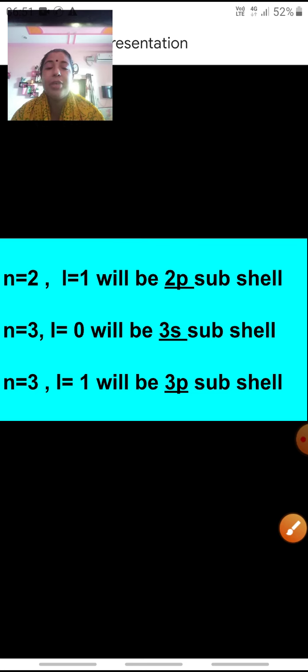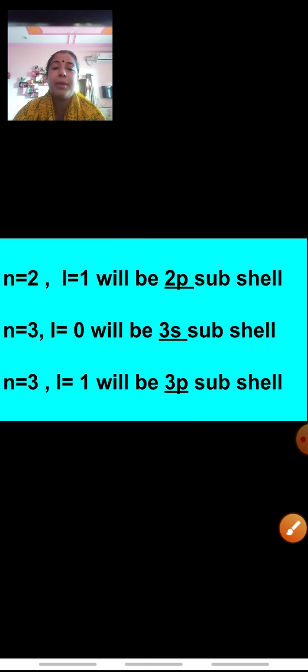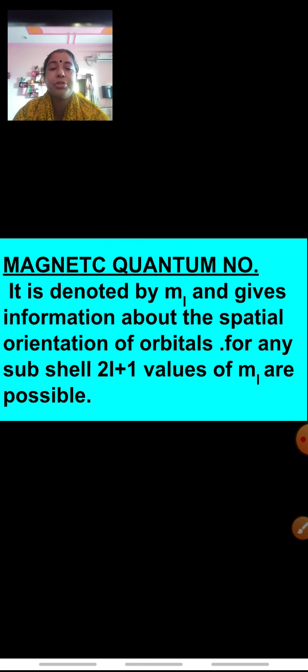Now if we are talking about the third quantum number, the third quantum number is the magnetic quantum number. It actually gives the information of the spatial orientation of orbitals around the axis. In the axis, how they are arranged in the three-dimensional space.